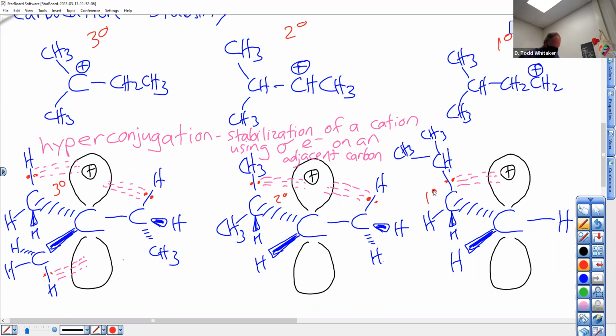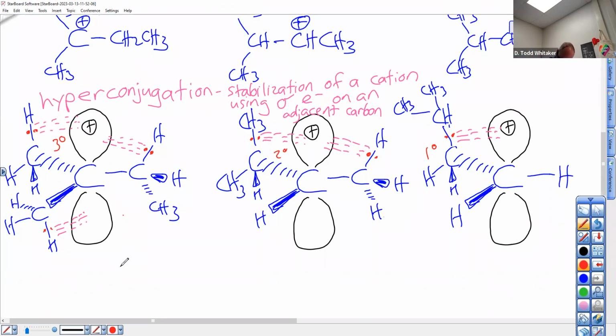And once again, this one down here, right now it looks like this. In a femtosecond, this can rotate up here, and the H gets rotated here, and the other H is here. Now it's this pair of electrons that can overlap with the p orbital. Terrible drawing, sorry.